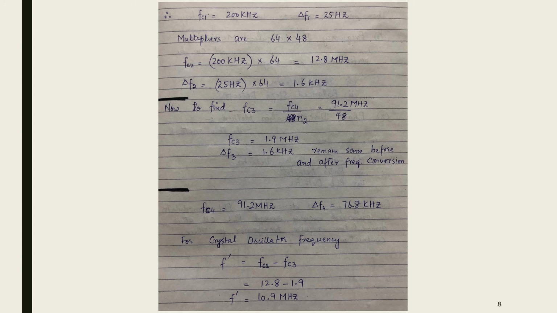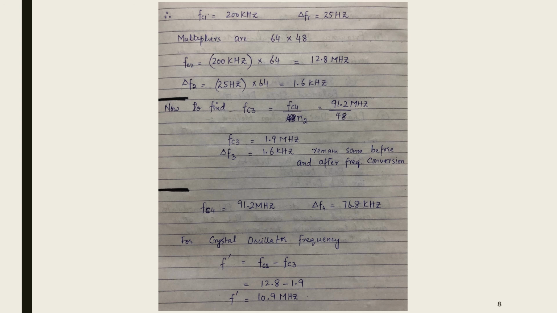So FC3 will be 1.9 megahertz, and delta F3 will remain the same before and after frequency conversion. If before frequency conversion delta F2 is 1.6 kilohertz, then after frequency conversion it will remain the same, because frequency conversion will only affect the carrier frequency. It will have no effect on delta F or frequency deviation.